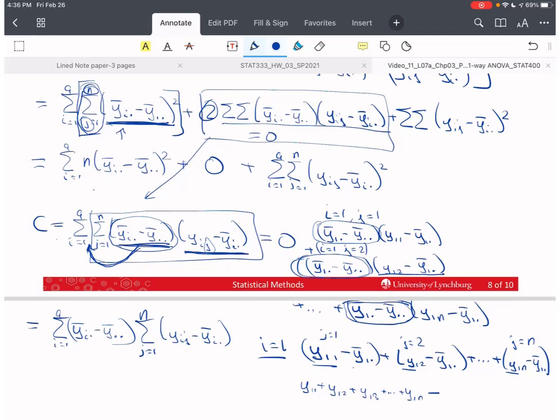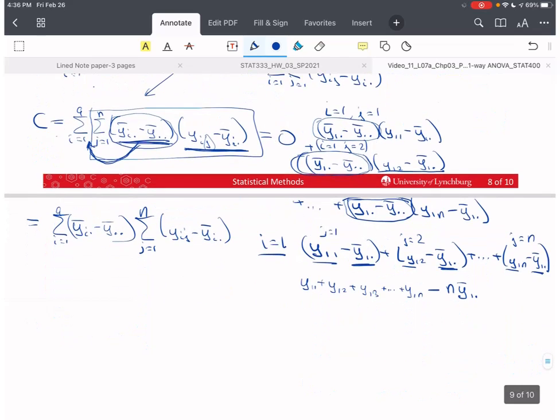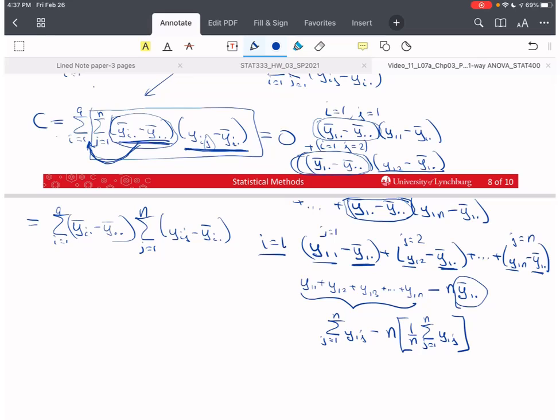And then I have minus, and there's n of these. These are all the same. Minus n times y1 dot bar. And so this can be written as the sum of y1j from j equals 1 to n minus n times this, and this is 1 over n times the sum of y1j from j equals 1 to n, by the definition of y1 dot bar.